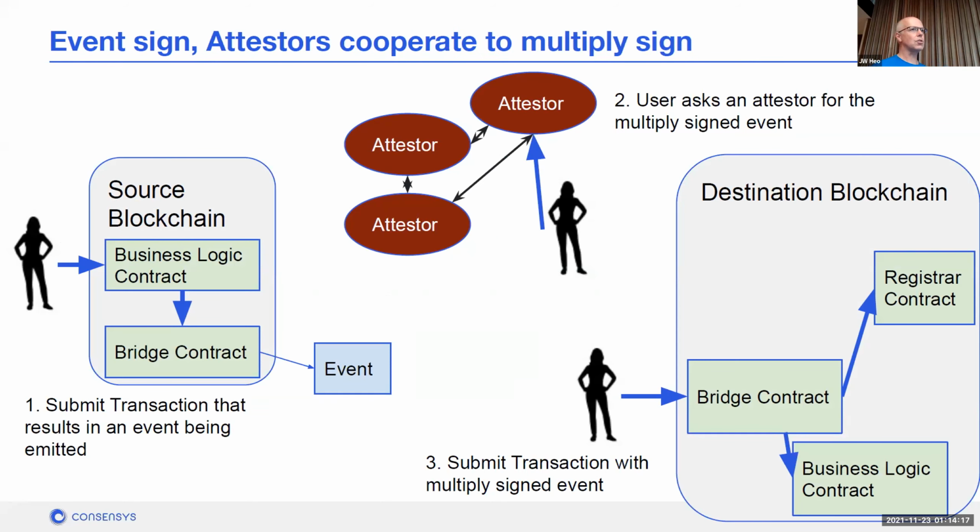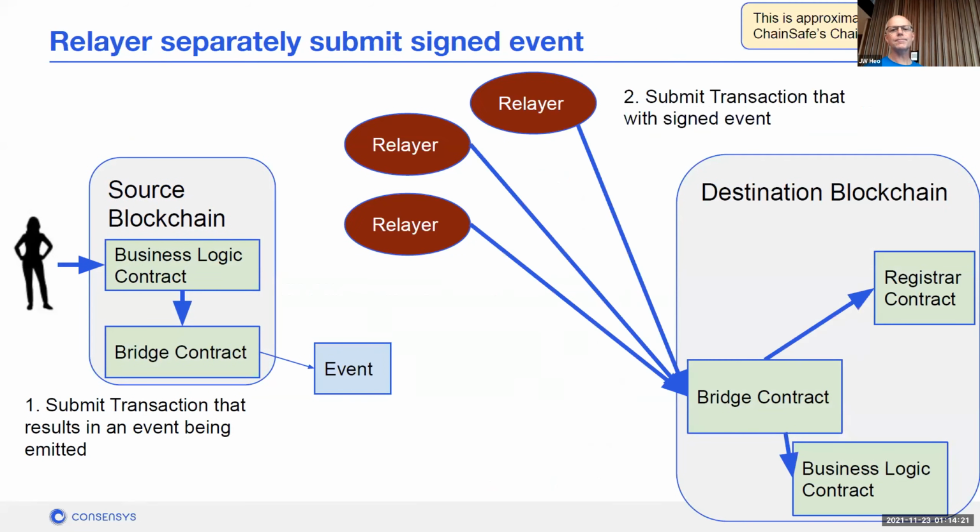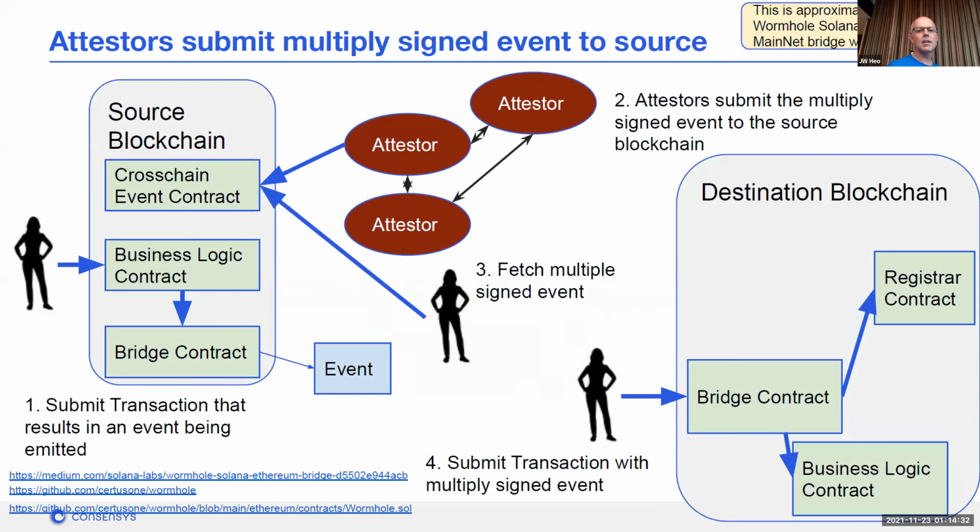Again, the attesters could talk to each other, make it easier, so you only have to talk to one attester. The relayers themselves could see those events and they could submit the signed event themselves. So again, a different mechanism. Or you could have more complex systems, and this is how the Solana bridge works. You could have attesters talking to each other.